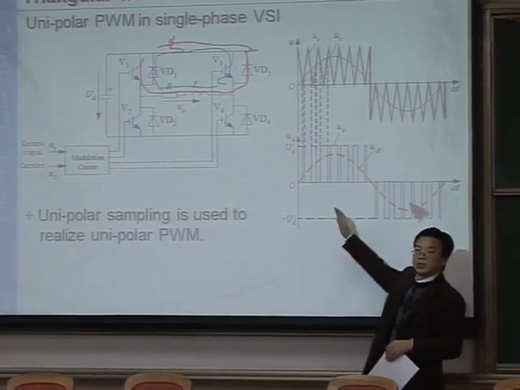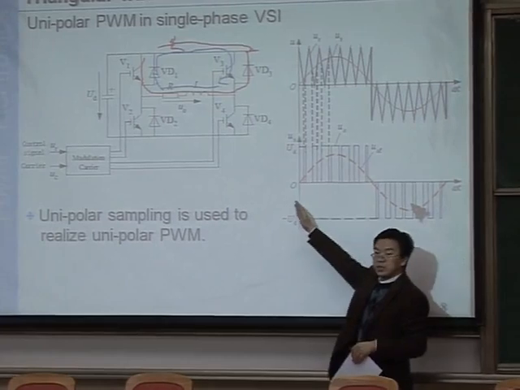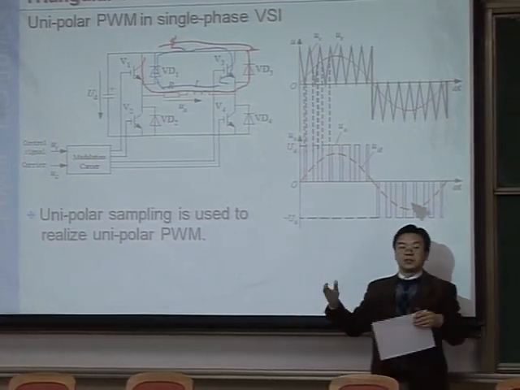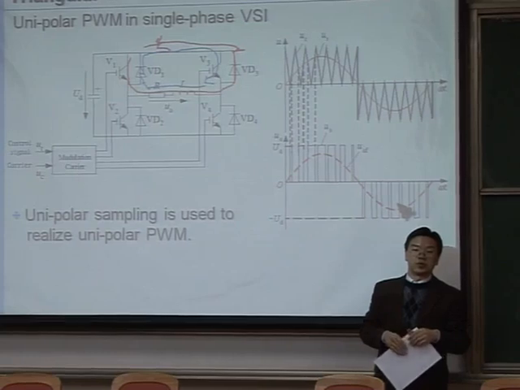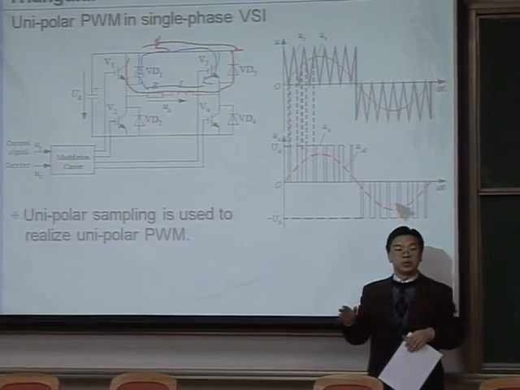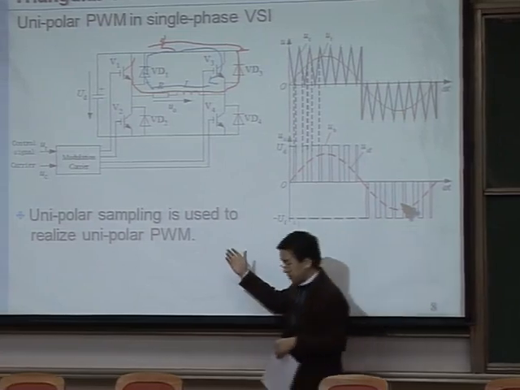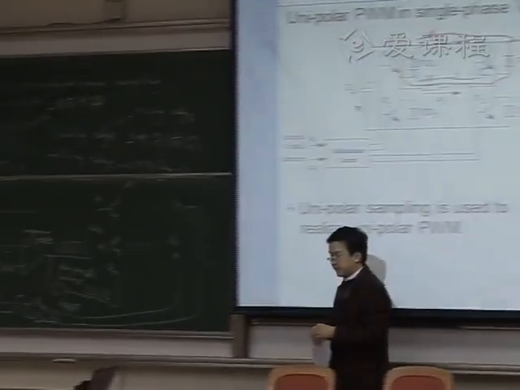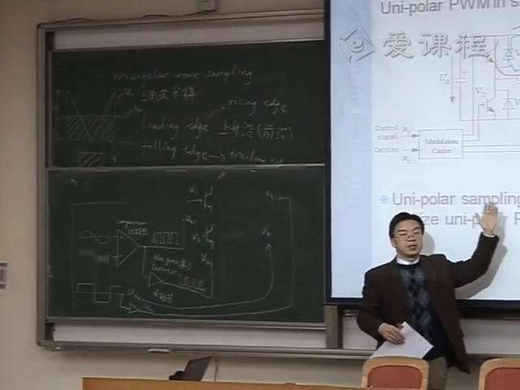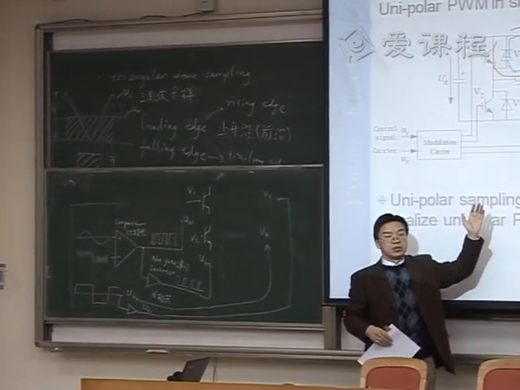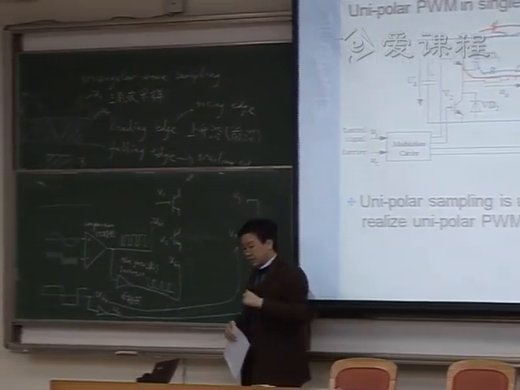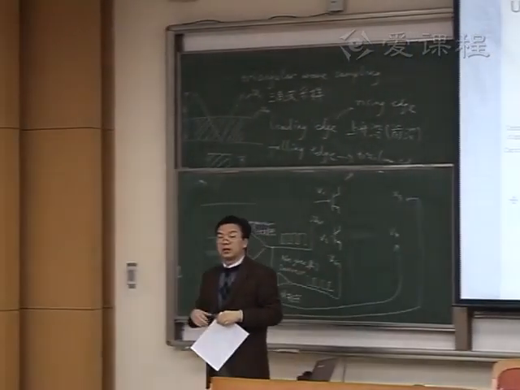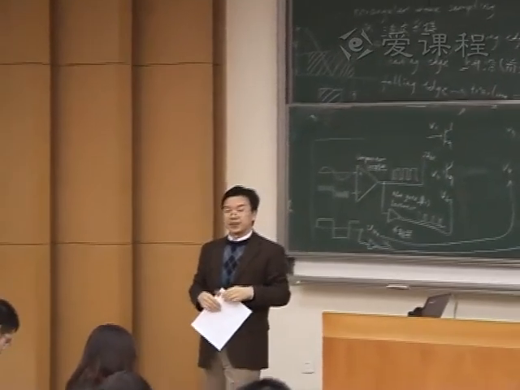That means the requirement for V3 and V4 is different from the requirement for V1, V2. So this is not good. When you design the actual power converter, you have to select different power semiconductor devices for V3 and V4. Okay, so that's the disadvantage of this solution.